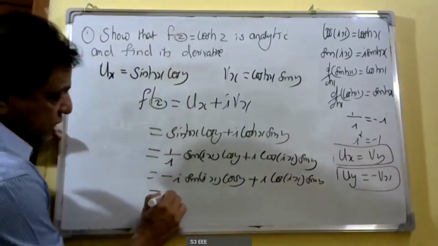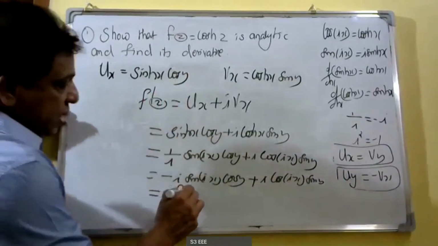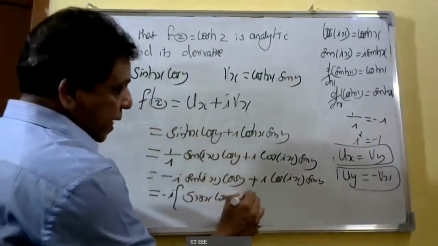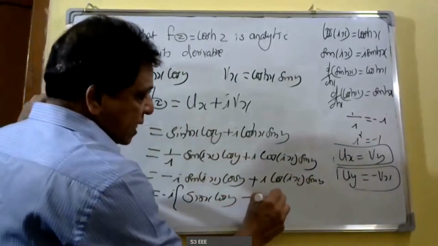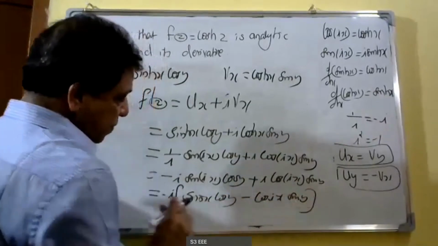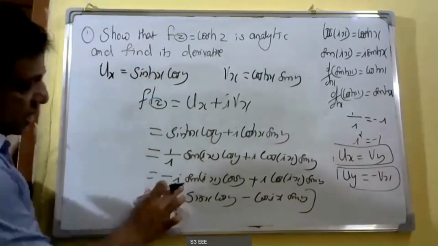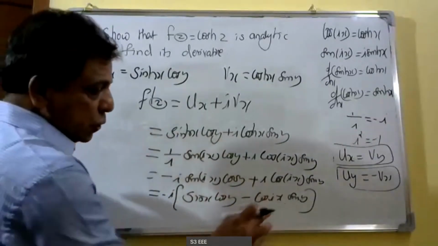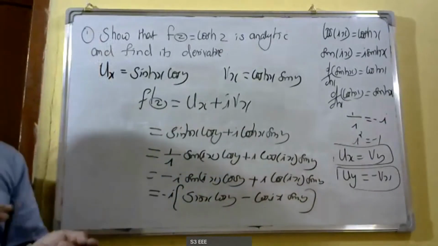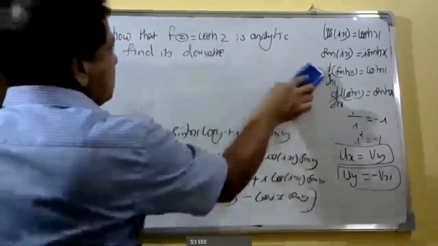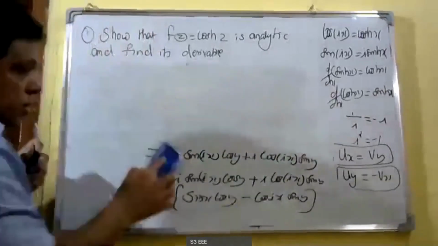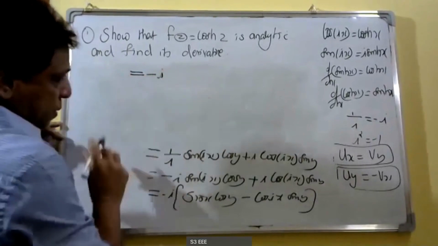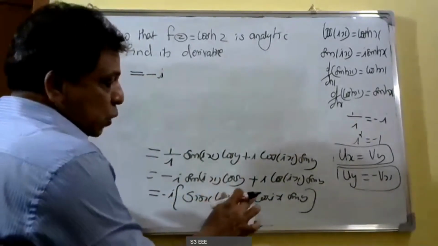Then taking -i outside, we get -i (sin ix cos y - cos ix sin y).